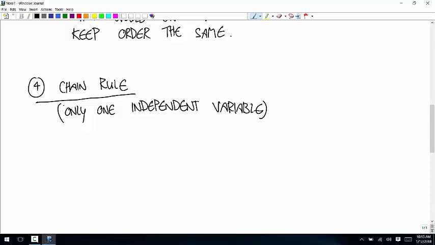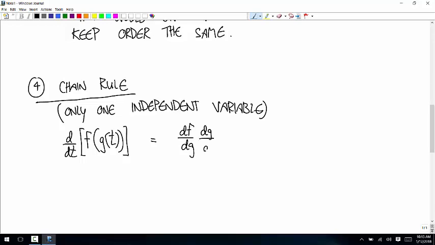Okay, so for a scalar, the chain rule says if you take the derivative of a function f of g, that's the derivative of f with respect to g times the derivative of g with respect to t. And you can always remember that because it looks like these just cancel out and give you the thing back that you want.